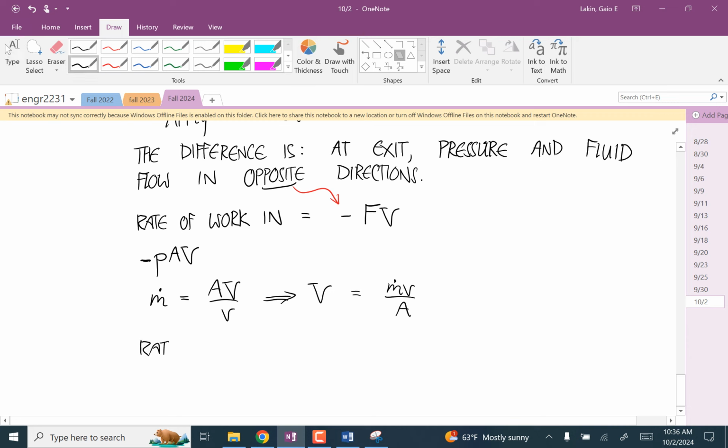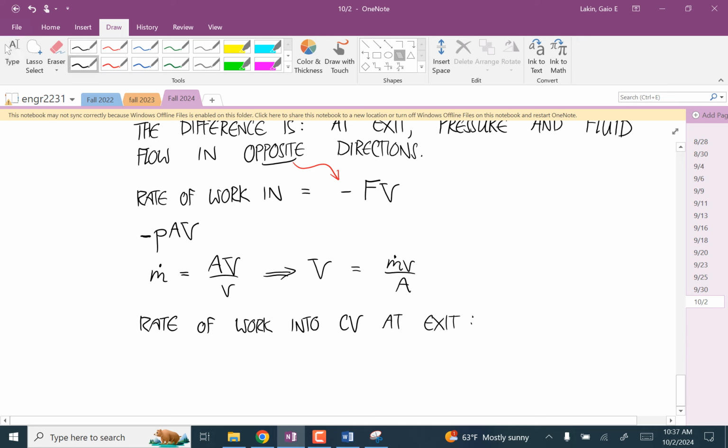And so our final rate of work in to the control volume at the exit is negative P A m dot v over A, and that's negative m exit dot times P exit specific volume exit, and that's it.